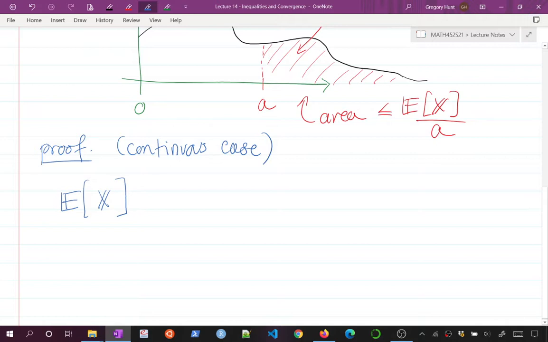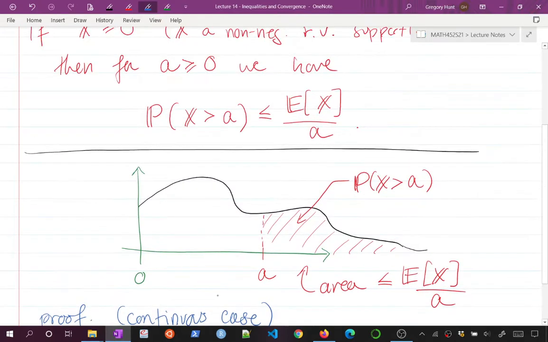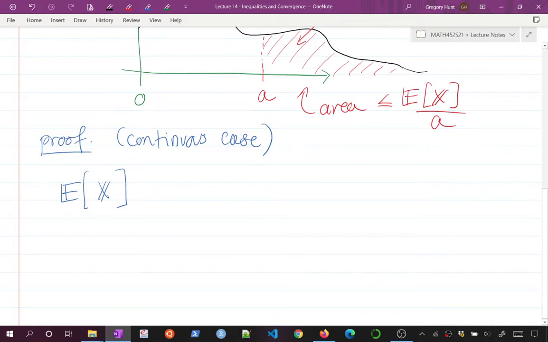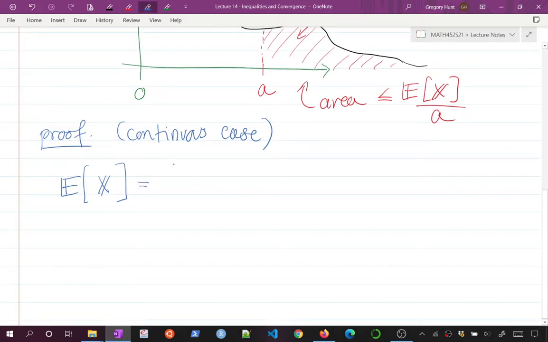For the proof, we can start off by looking at what the expected value of x is. x is our random variable that has a positive support. Expectation, very simply, is the integral of x times f_x dx. That's a 451 concept, from the days when that's all we had to worry about.